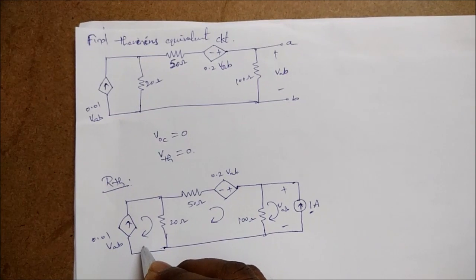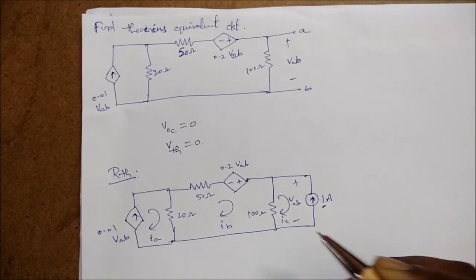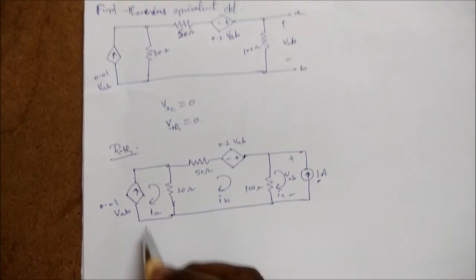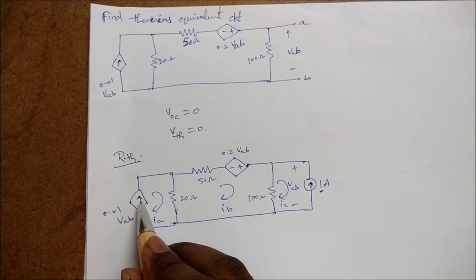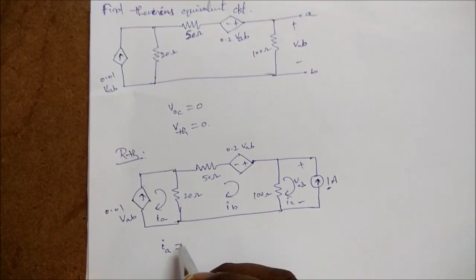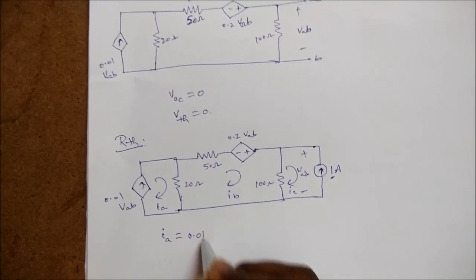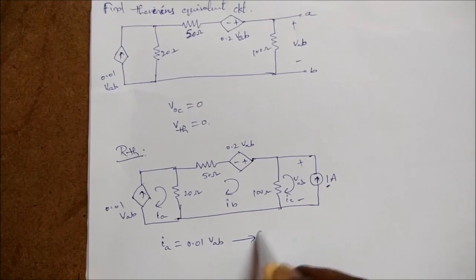The current flowing in this loop is IA, here it is IB, and here it is IC. This is a current source, so IA is in the same direction, so IA is equal to 0.01 VAB. This is equation number 1.